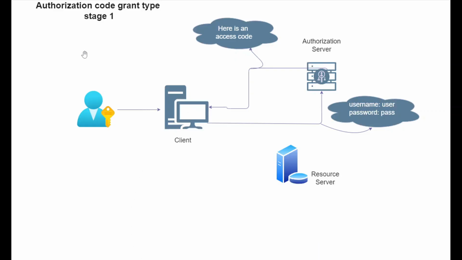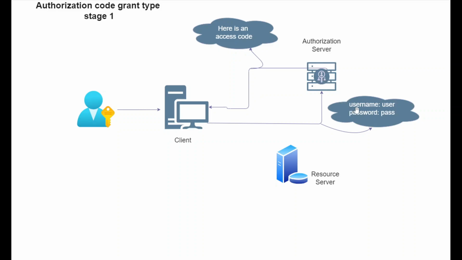So right here, for the authorization code grant type, we have a situation whereby a user is trying to access resources using a client. The client discovers that this user is not authenticated, so it redirects the user to an authorization server, and this authorization server is going to present a page for our user to authenticate himself.